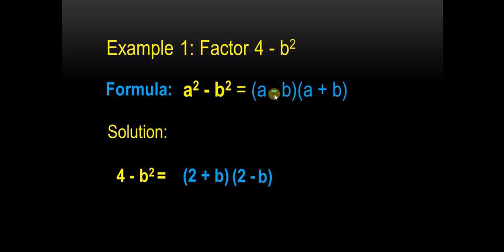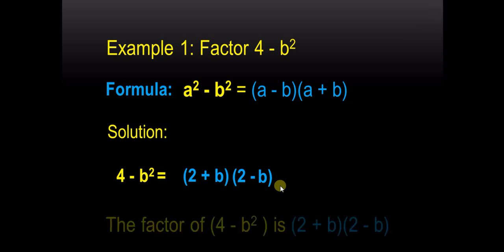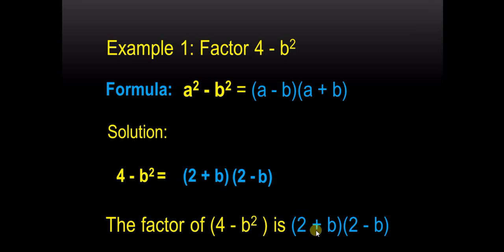Take note that this minus and plus here can be interchanged. So we have here plus and minus. So the factor of 4 minus b squared is the quantity of 2 plus b times the quantity of 2 minus b. Let's have another example.